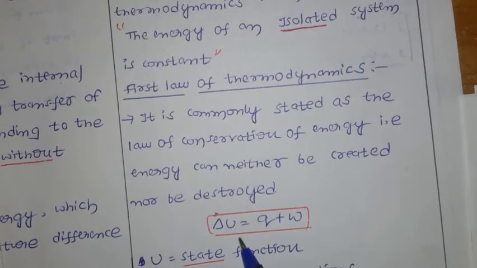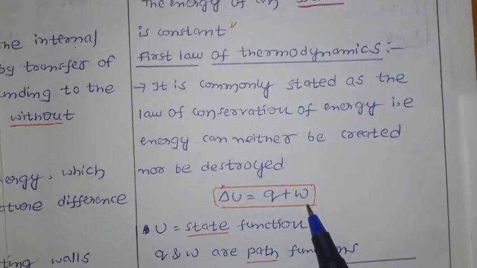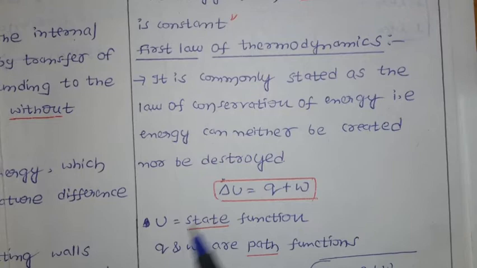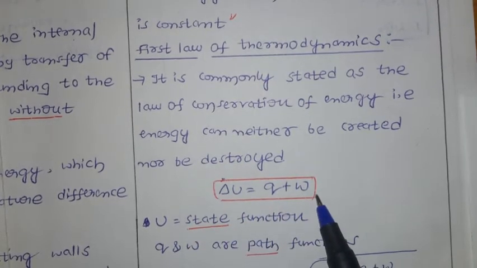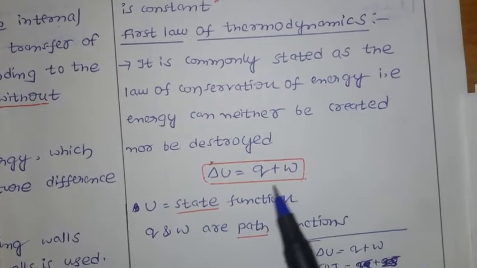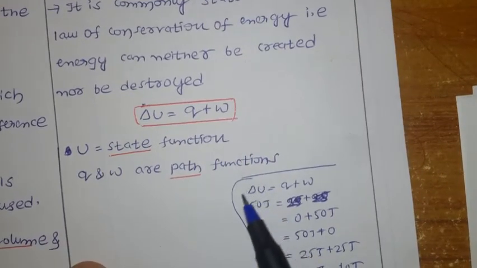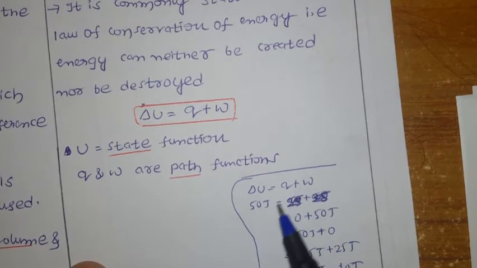Here delta U is a state function, but Q and W are path functions. Path functions depend on the path, not on the state. Now, delta U equal to Q plus W. What is the meaning of that? For example, if the change in internal energy is 50 joules, then Q plus W should be 50.